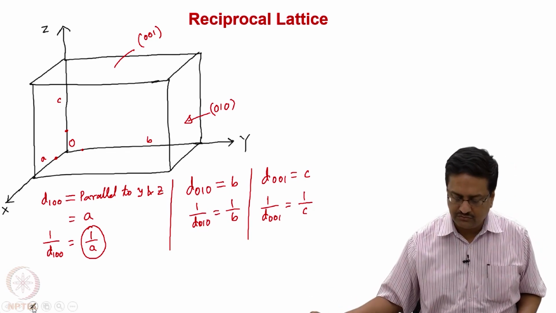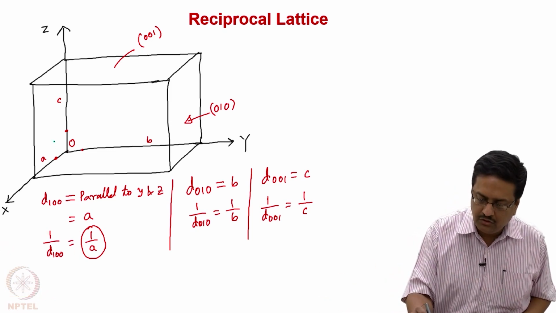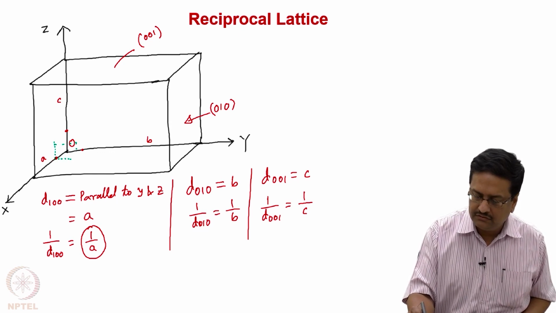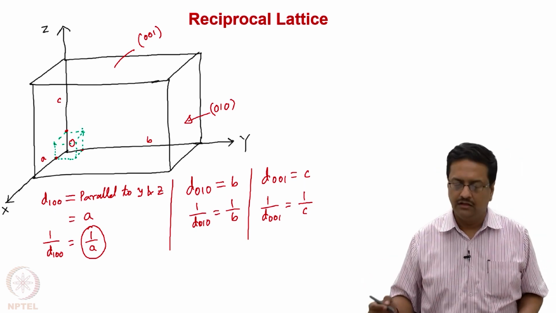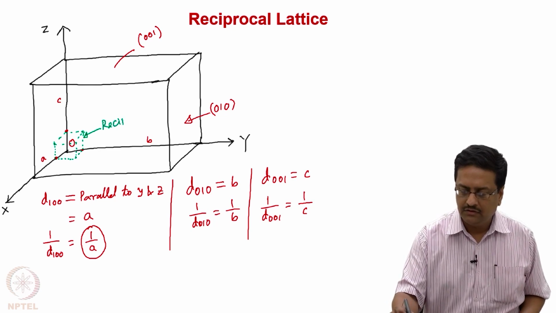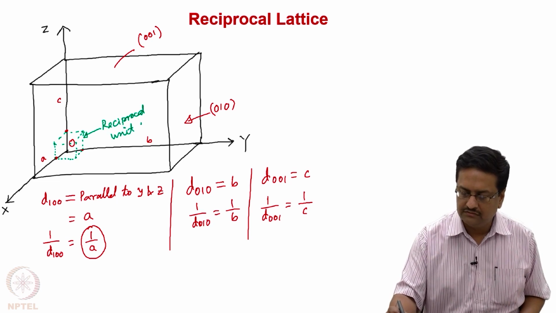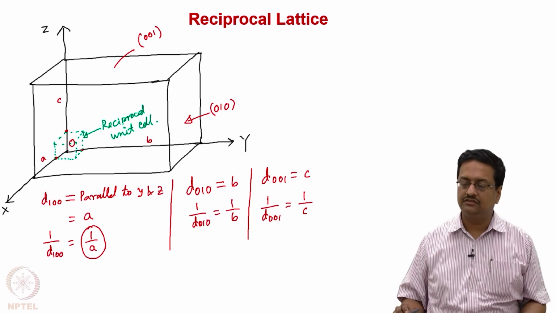So if we now try to draw the corresponding lattice connecting these three sets of points, what we would get is a reciprocal unit cell as is drawn here. So this is the reciprocal unit cell for this orthorhombic system.